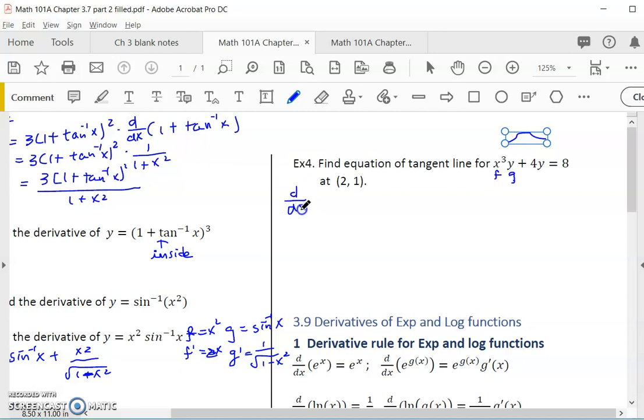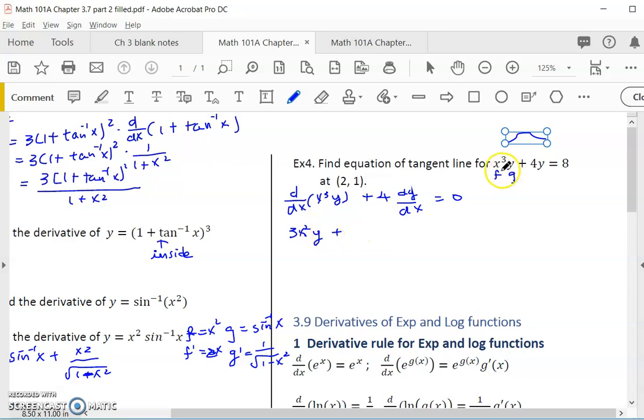So it would be d/dx of x cubed y, which we would use the product rule, plus 4, and because it's just one y, I would just say dy/dx, equal to 0. So this will do product rule, f and g. So that means do the derivative of this one times y. So the derivative of that one would be 3x squared times y, which is y.